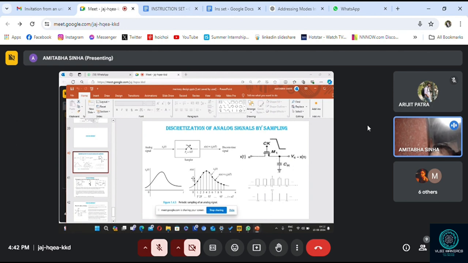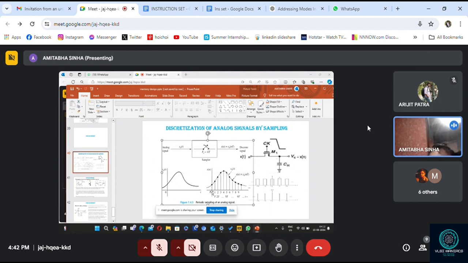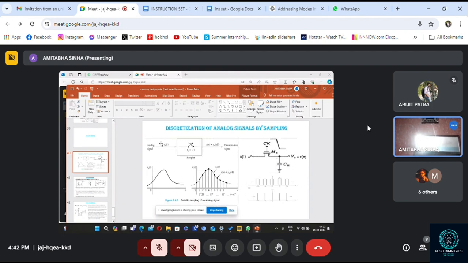So y-axis is x[n] and x-axis instead of t, we'll call it n. The sampling time is capital T. After every T unit of time, the analog signal will be sampled, which is called sampling time. And this sampling time is determined by the Nyquist sampling theorem.